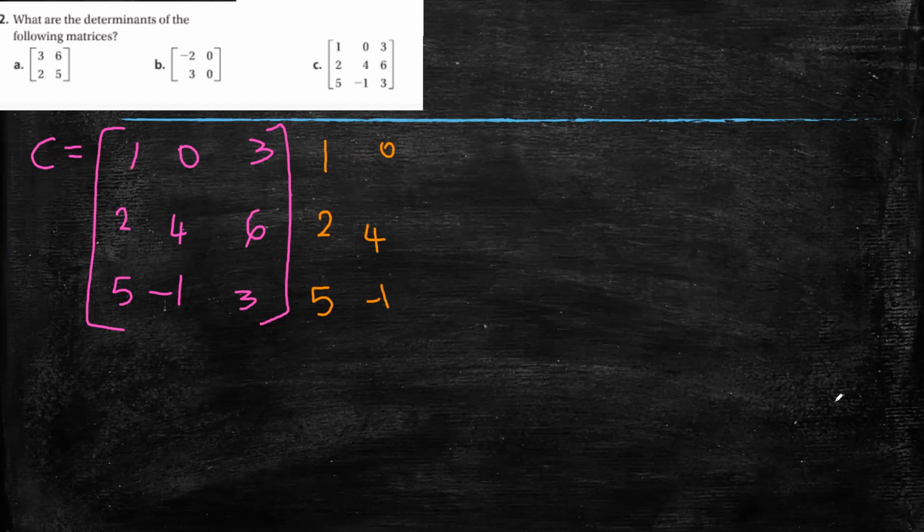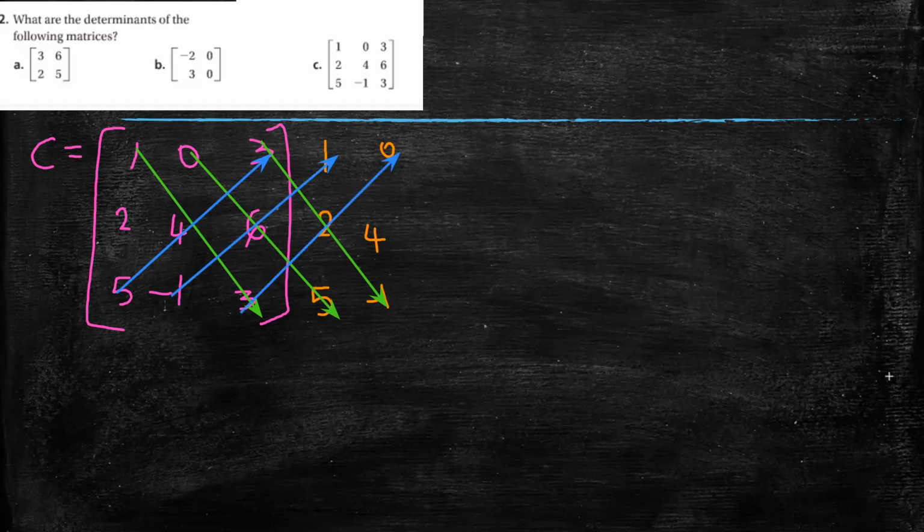Then using the arrows, minus the other one. Let's make it blue. Now let's solve the green one.